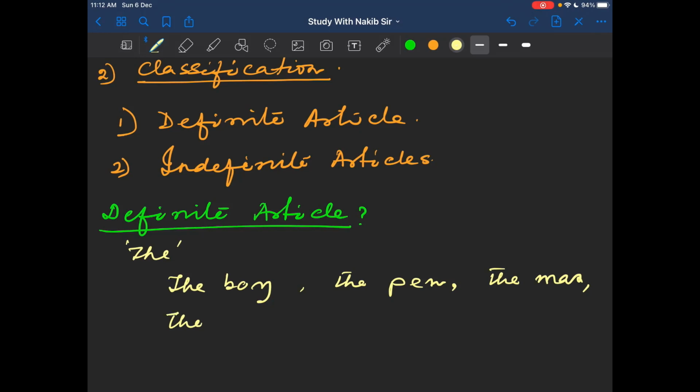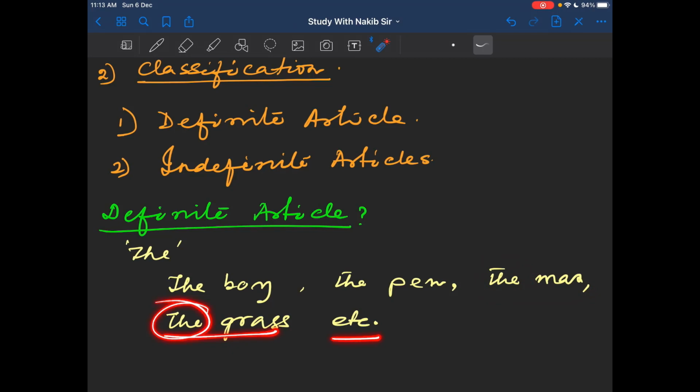The grass, particular grass, etc. These are the examples of the use of definite articles. So the definite article is to point out whether a noun is particular, specific or not, definite or indefinite.